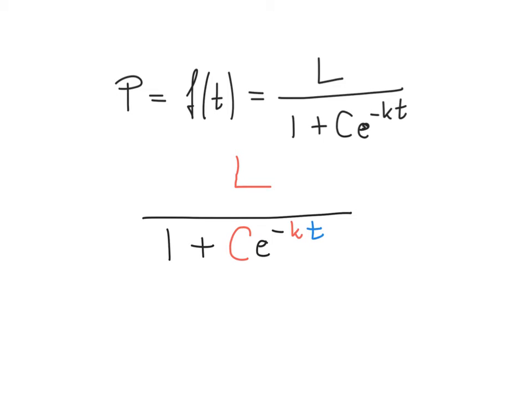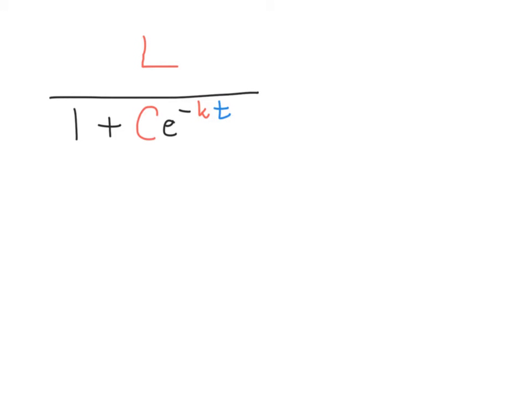So what I thought we do is just look at this kind of function from a calculus point of view and analyze it from that perspective and see what we can get out of it. Okay.